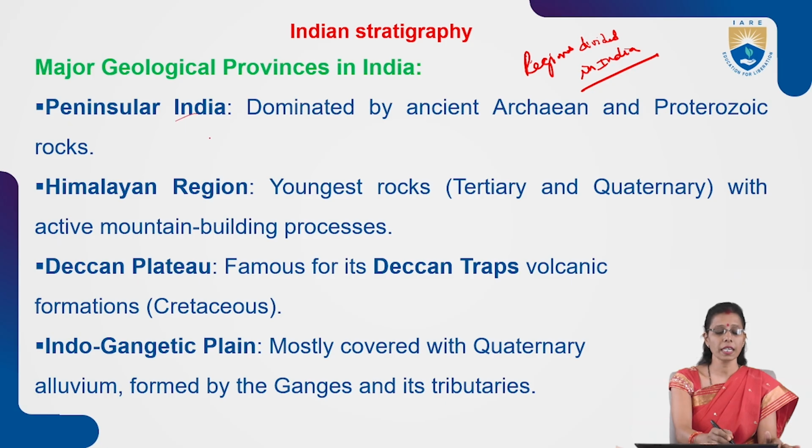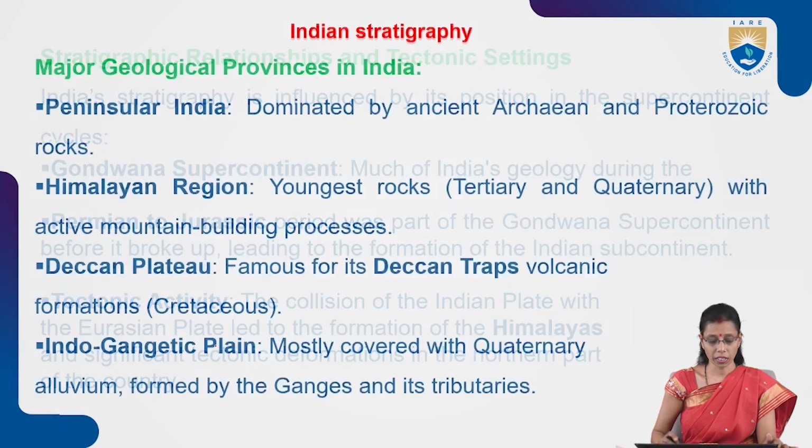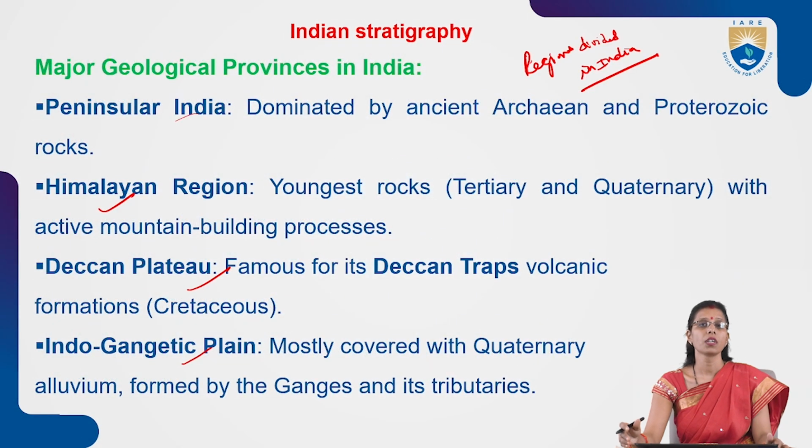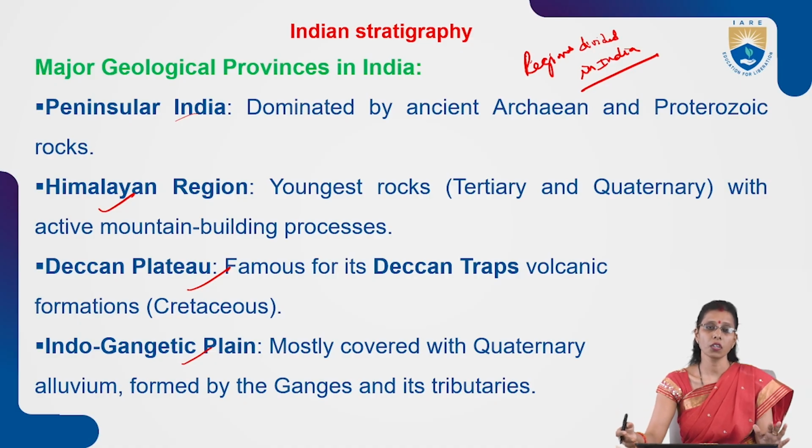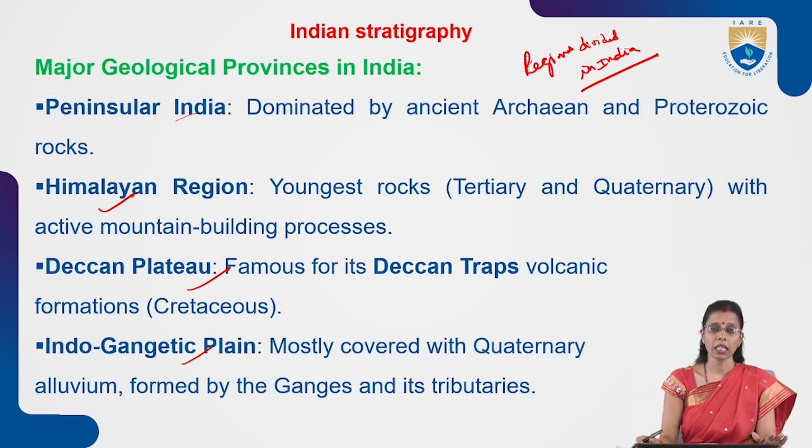We have Peninsular India, the Himalayan region, the Deccan Plateau, and the Indo-Gangetic Plain. So these are the major geological regions where we can classify the entire India into 4 or 5 classifications.